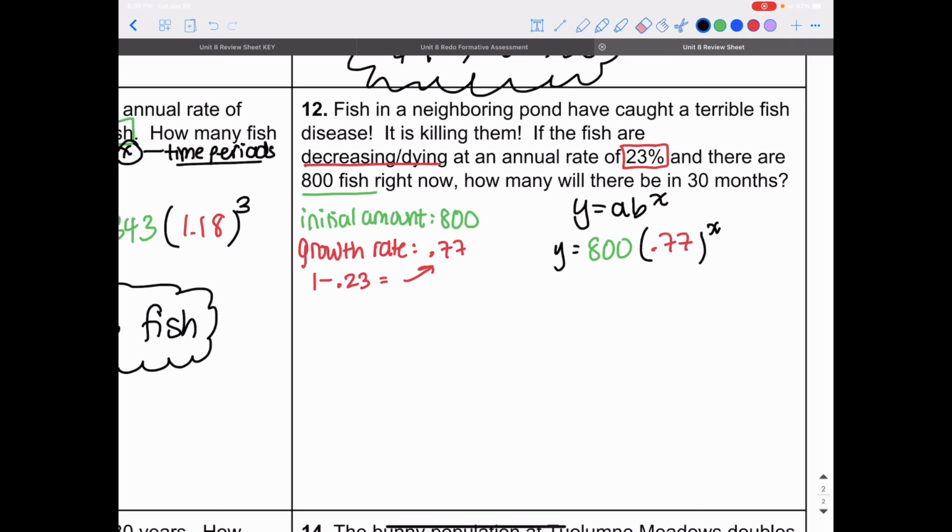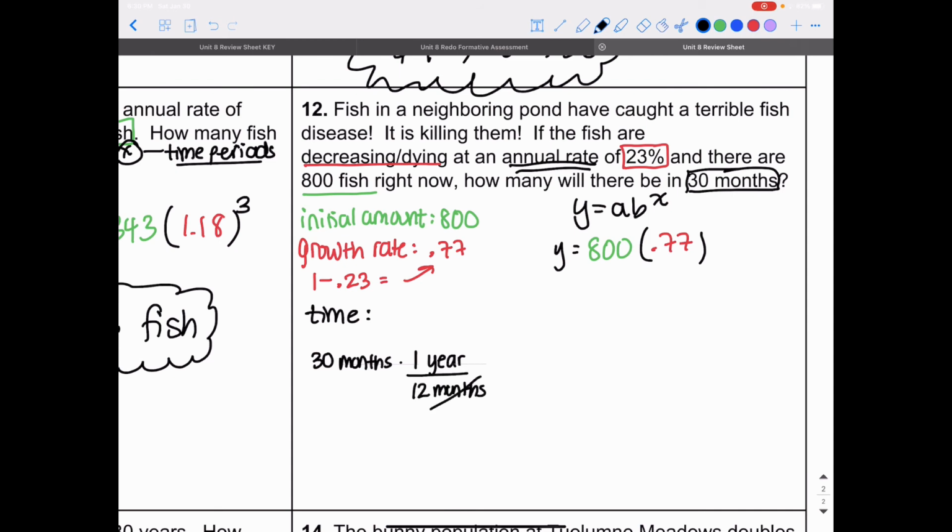In this case, x is the time, and I know I'm talking about 30 months. This is the annual rate, so I need to convert 30 months to years. I take 30 months and multiply by 1 year per 12 months.